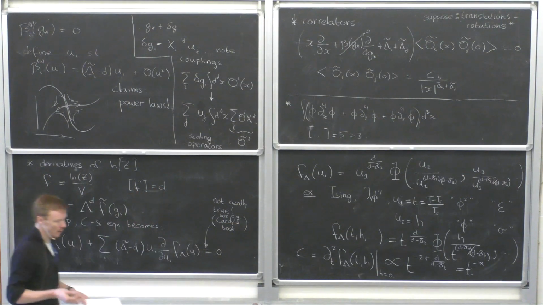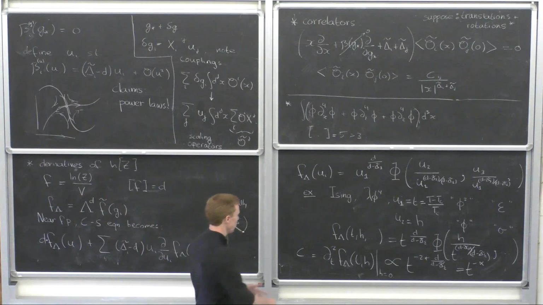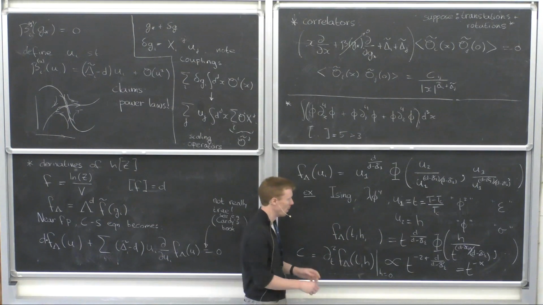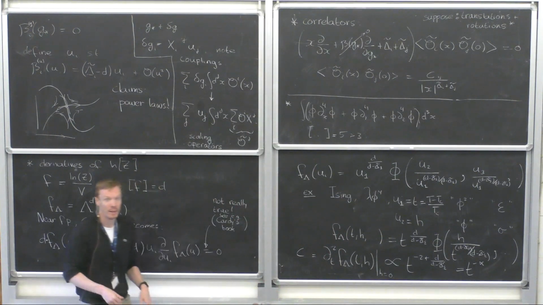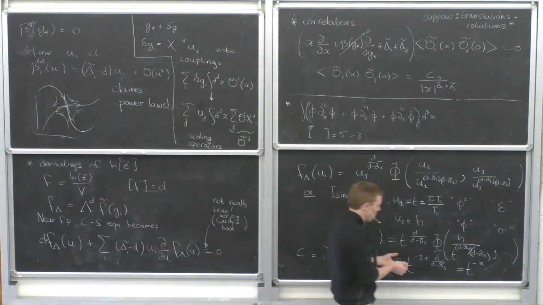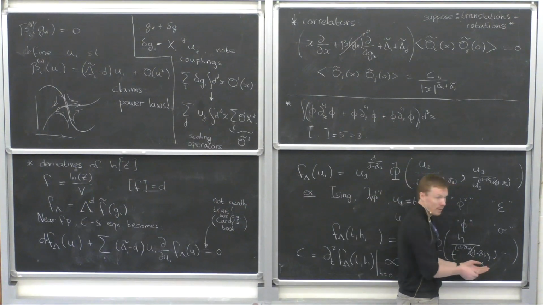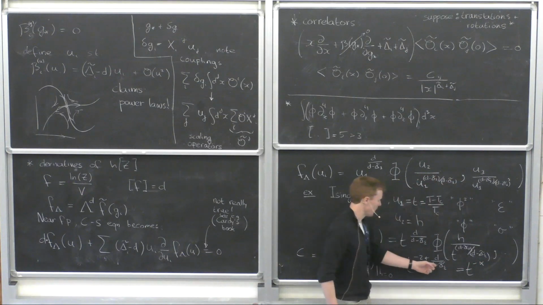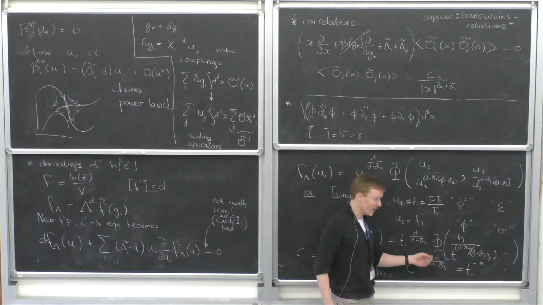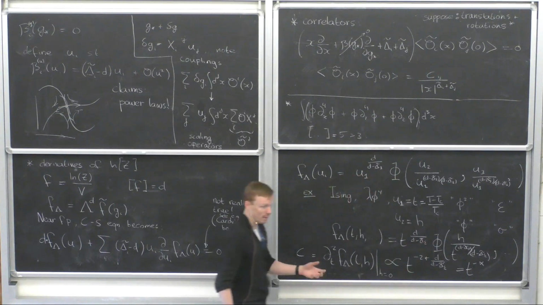So my point here is not to give you a full classification of all the critical exponents and tell you how things blow up and what alpha, beta, gamma, delta, eta are. I just want to tell you that these critical exponents, the leading ones, are just determined by two numbers, delta sigma and delta epsilon.